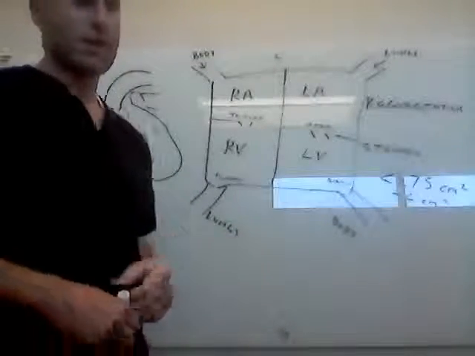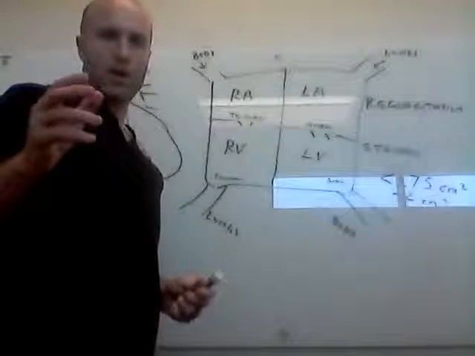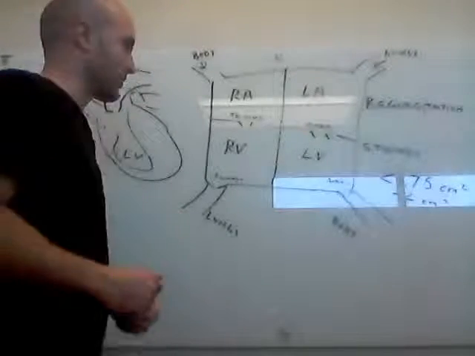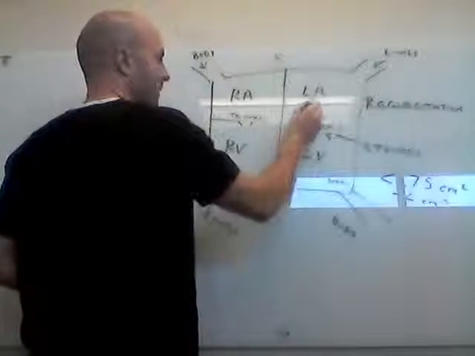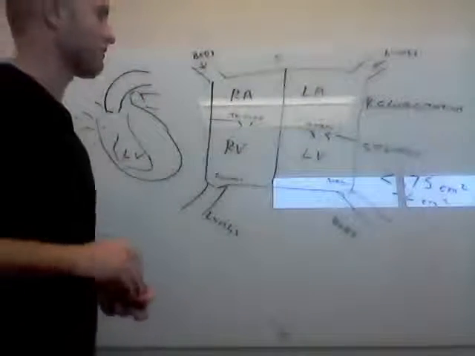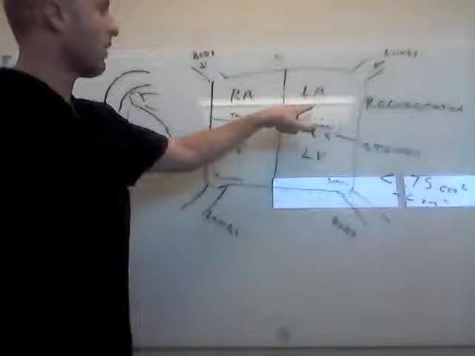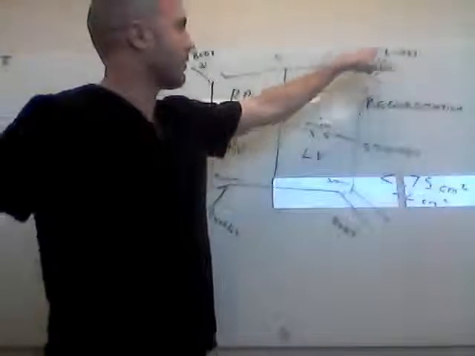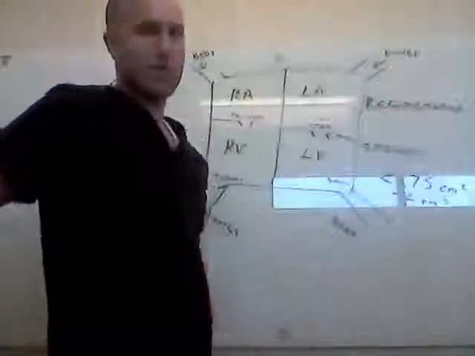Okay, so let's talk about why this might make sense. So first of all, if this is mitral valve disorders, the mitral valve is right here. It didn't really specify whether it's regurgitation or stenosis, but either way, what is it that comes back from here? This goes back to the lungs.